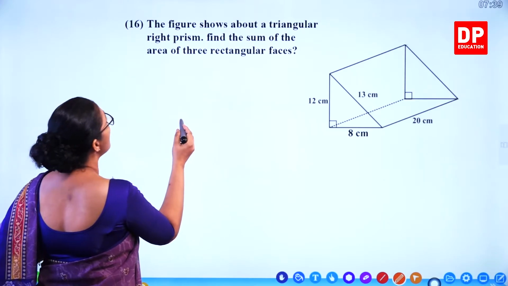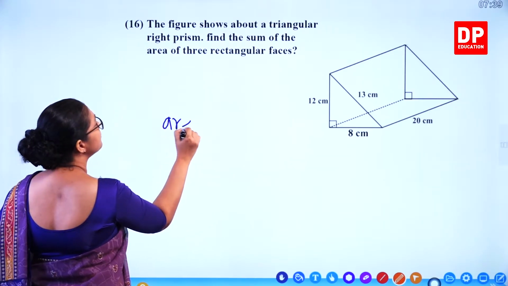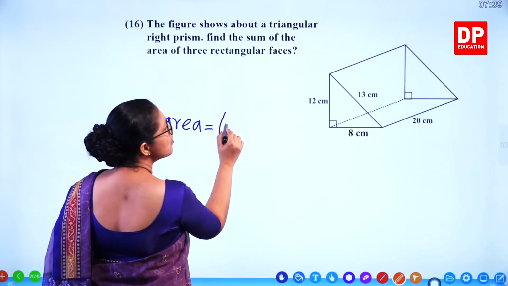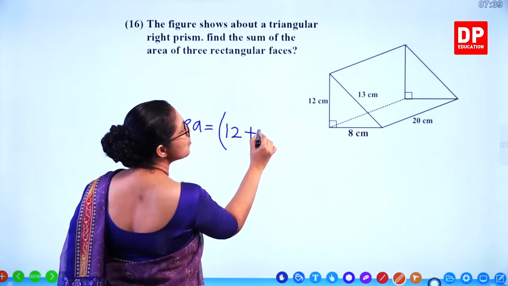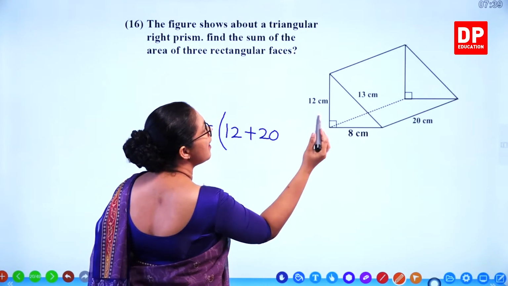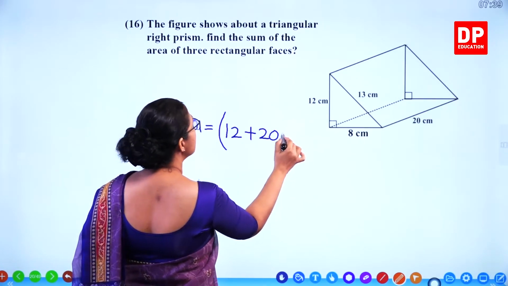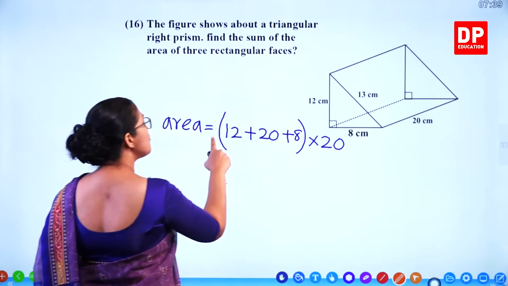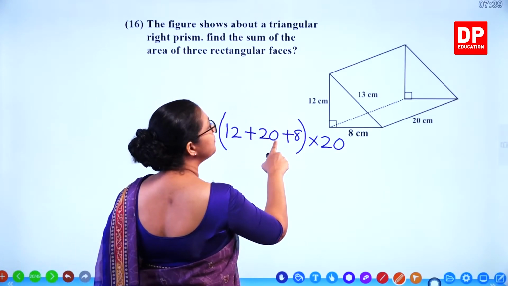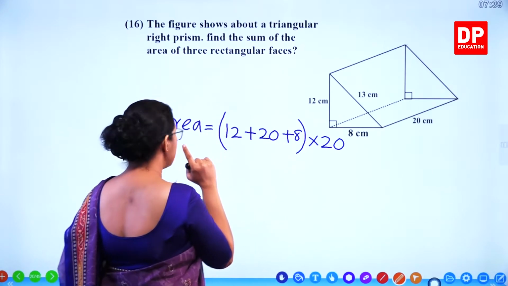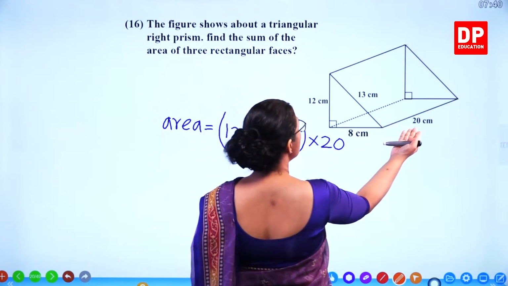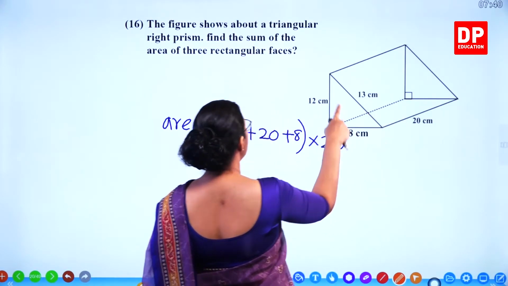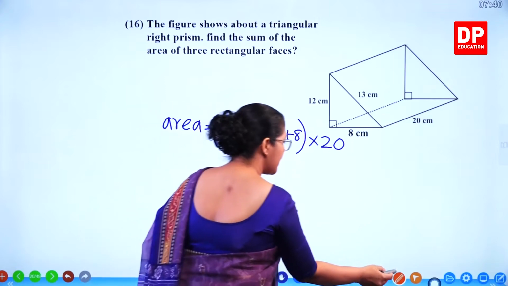So we can find out the area is equal to 12 plus 8 into 20, because 20 times 12, 20 times 8, 20 times 13.